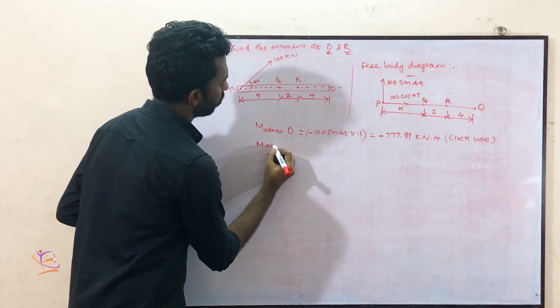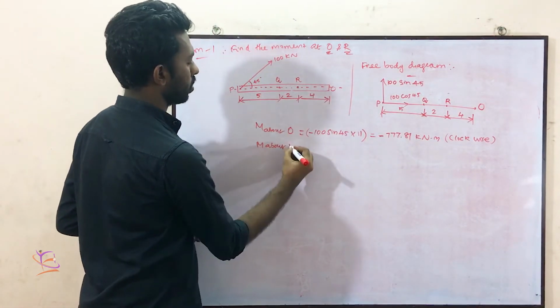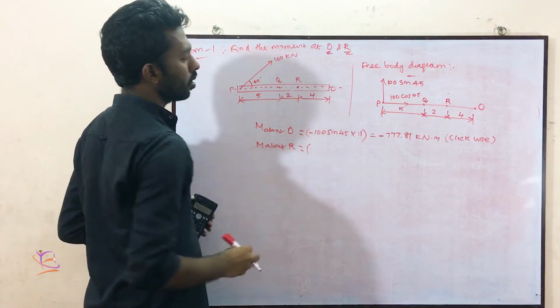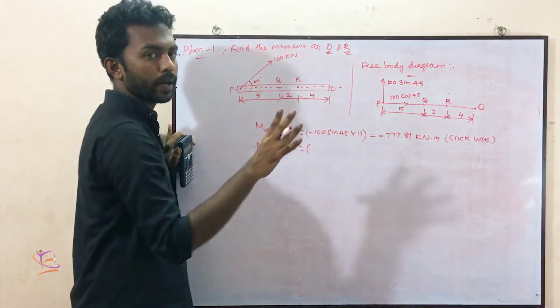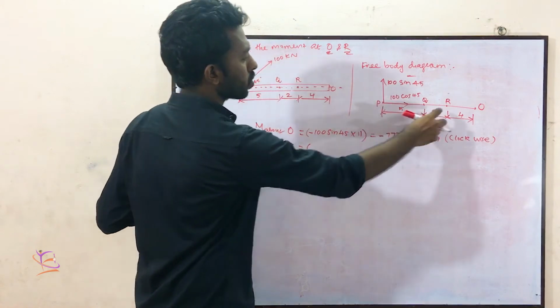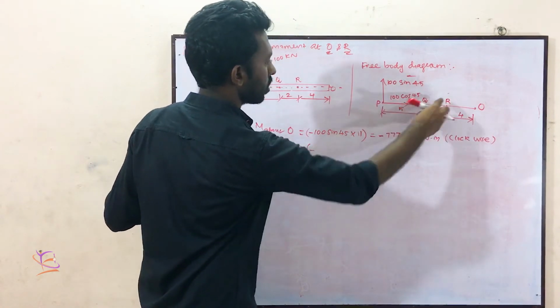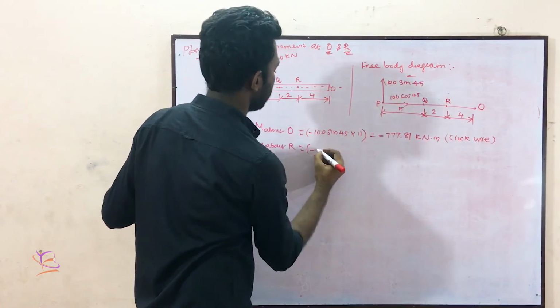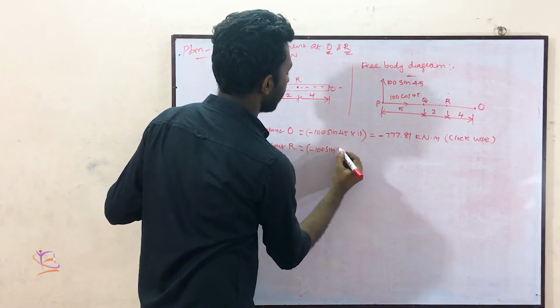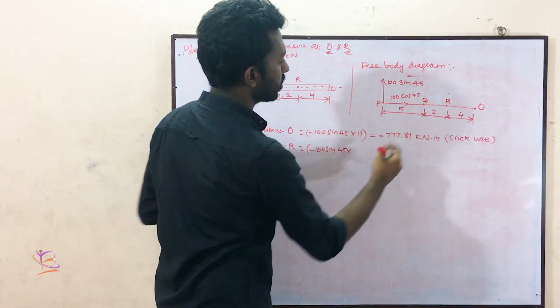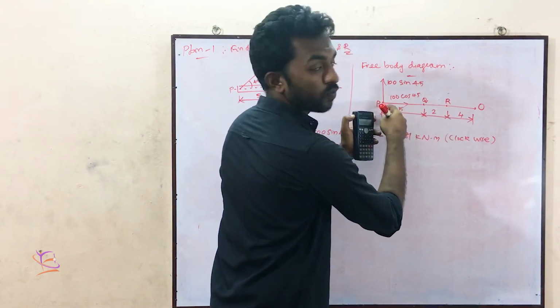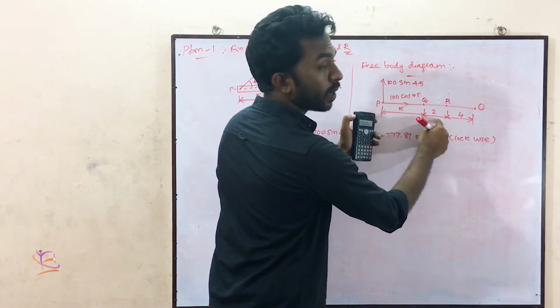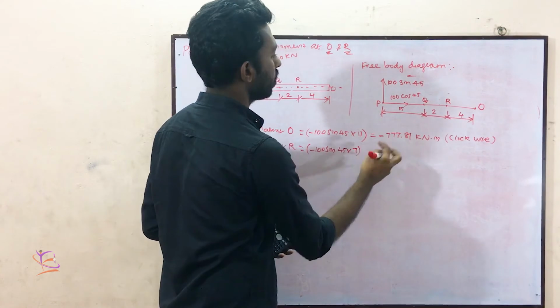Next, the moment about the point R. Again, this force gives minus, clockwise. So 100 sin 45 into the distance from R to this force, 5 plus 2, which is 7.